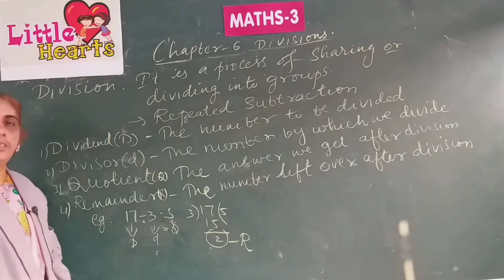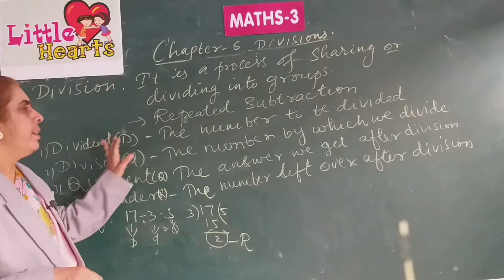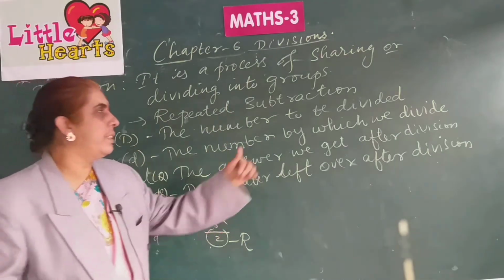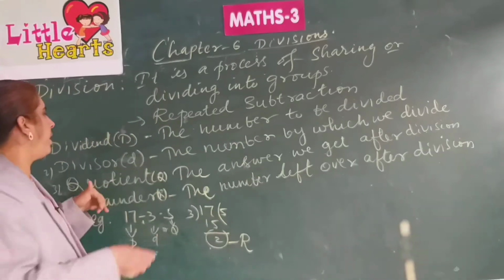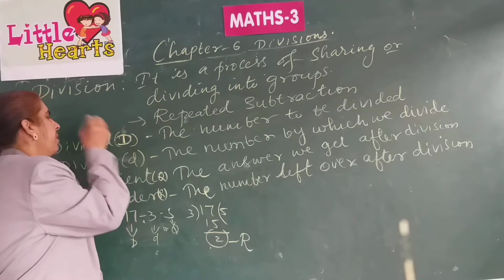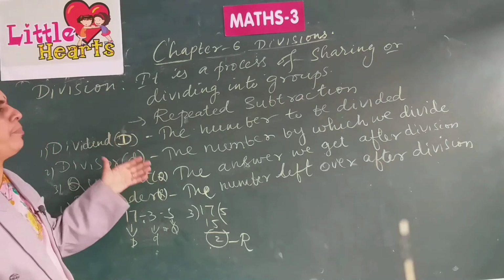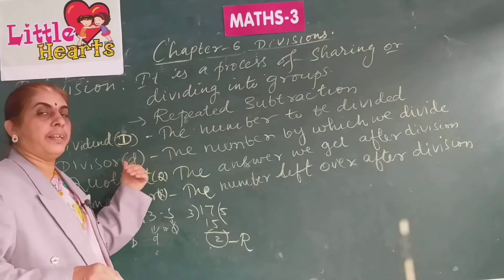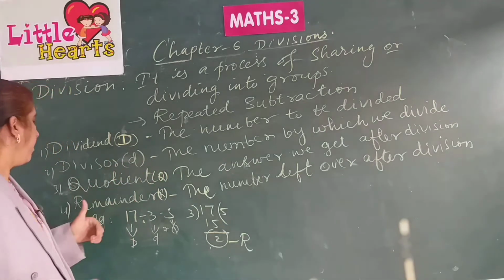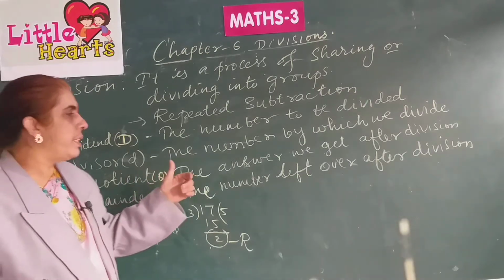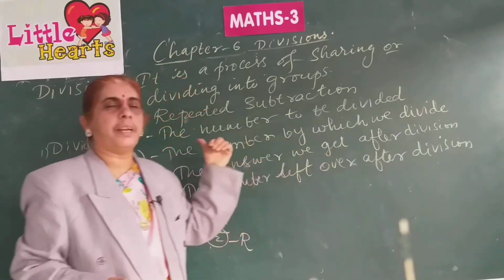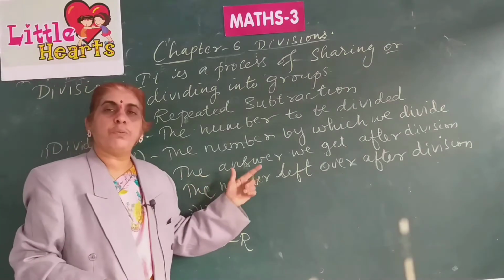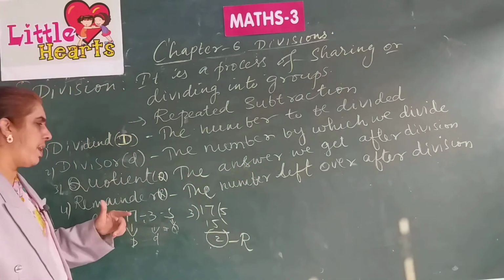The terms related to division are: dividend, the number to be divided, denoted by capital D; divisor, the number by which we divide, denoted by small d; quotient, the answer or result we get after division; and remainder, the number left over after division.